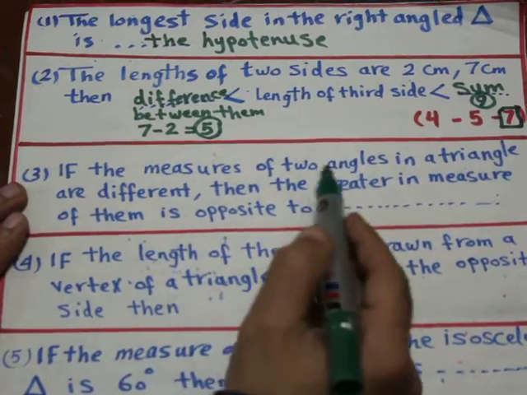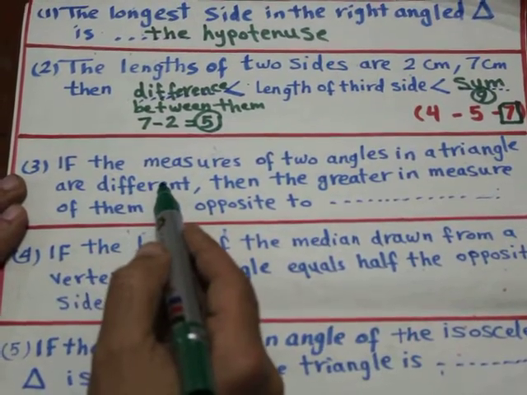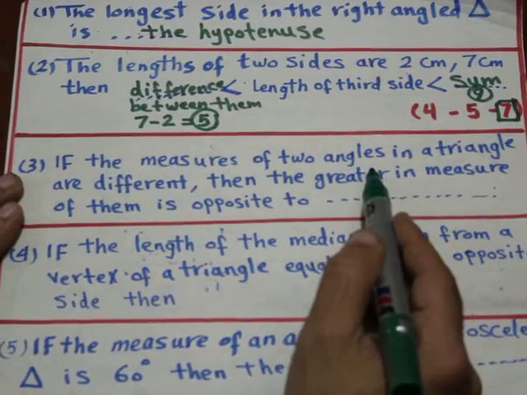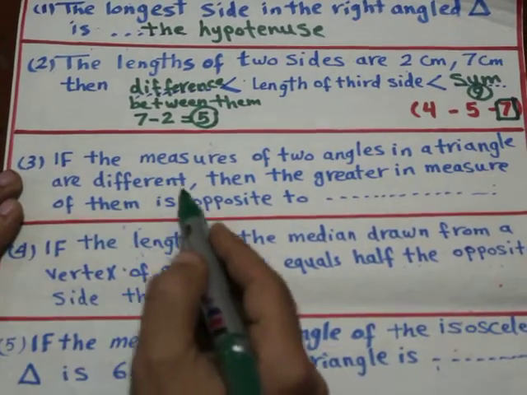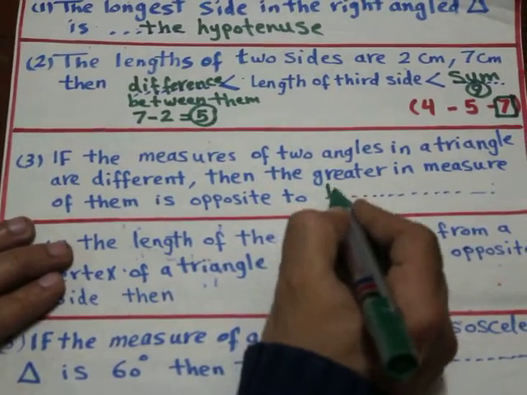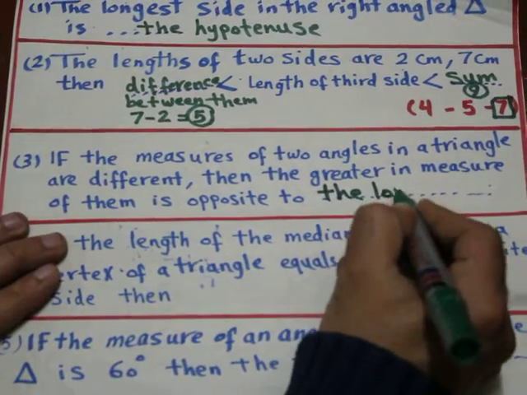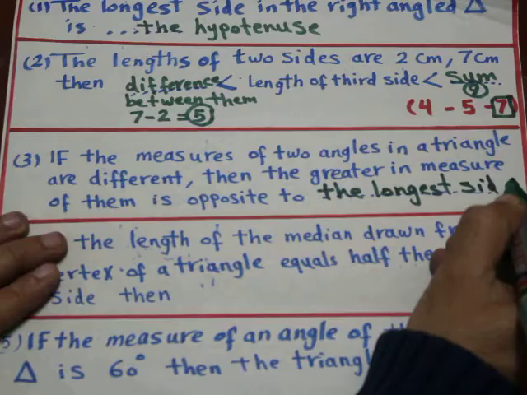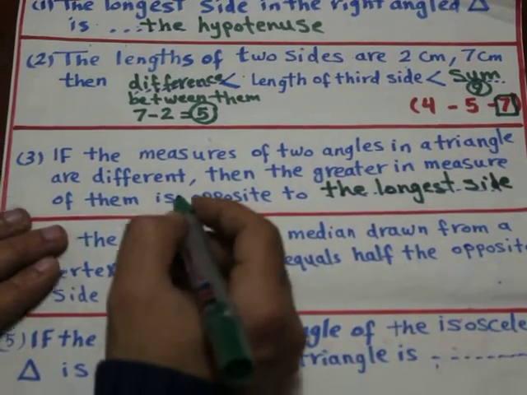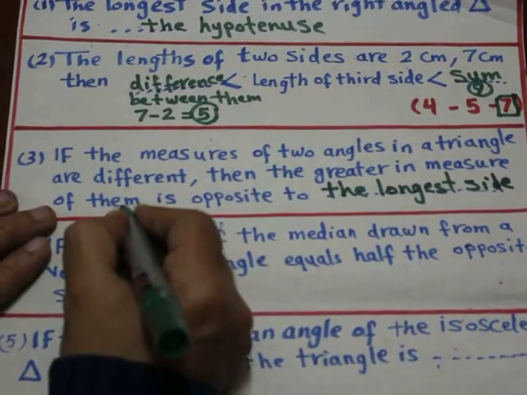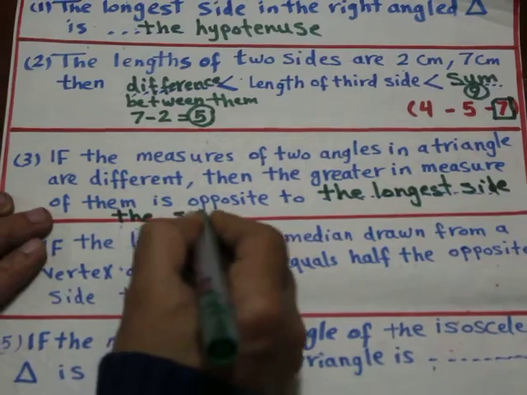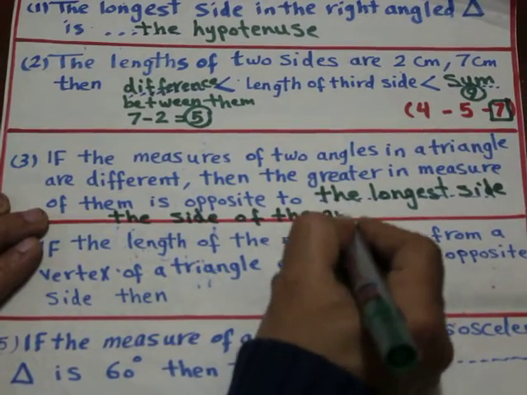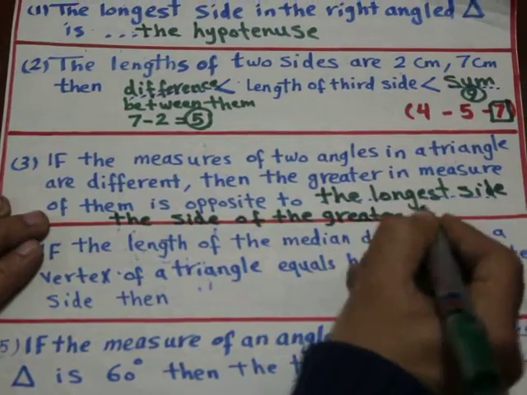Number 3. If the measures of two angles in a triangle are different, then the greater angle in measure is opposite to the longest side, or we can say it is opposite to the side of the greater length.